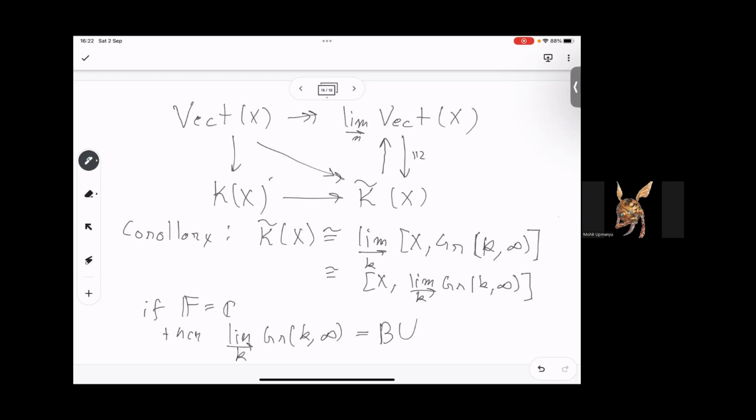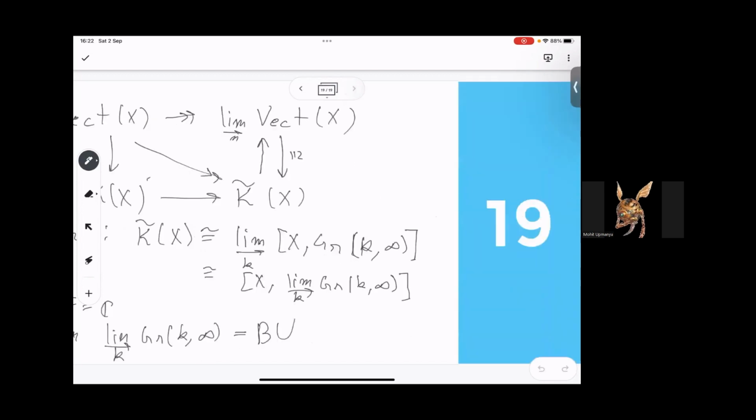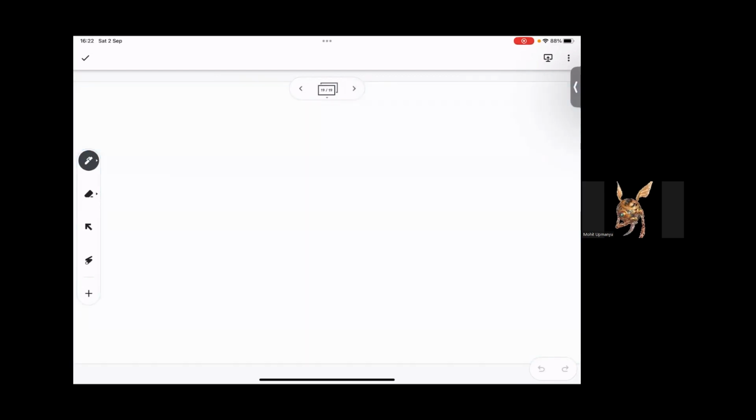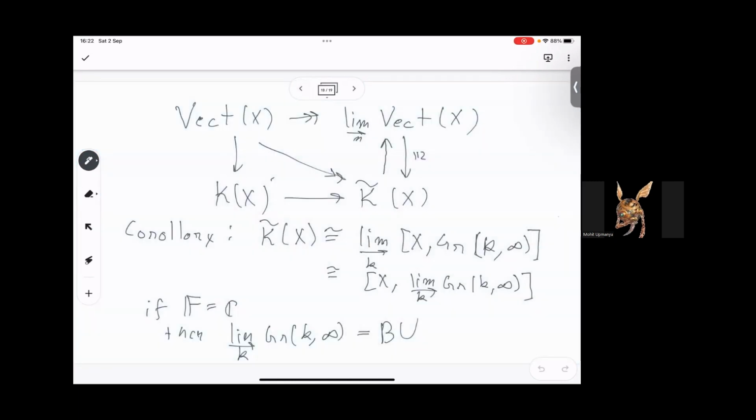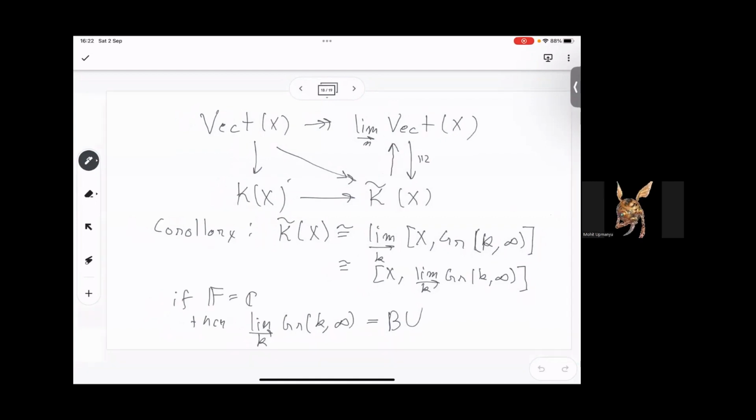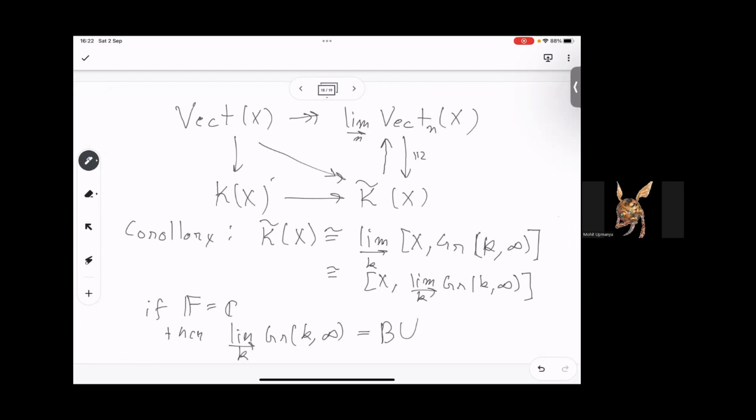Right? Okay. Also, that space should be Vect_n(X), not the direct limit of Vect_n(X). Oh yeah, sorry, Vect_n(X). Yes. Thanks.